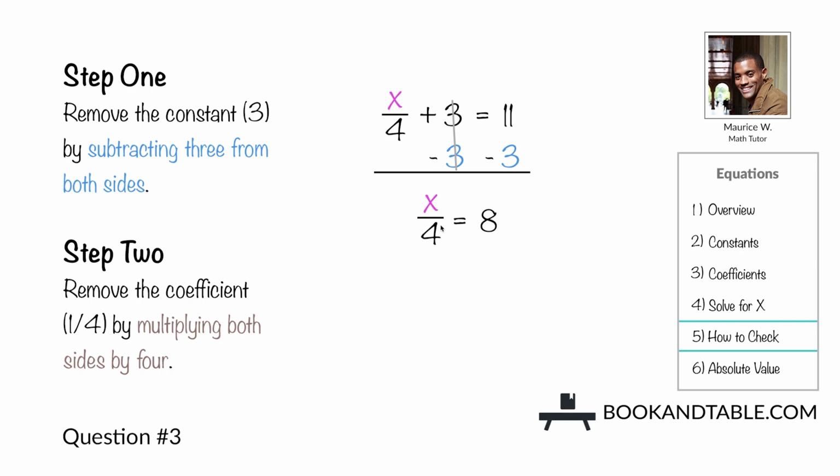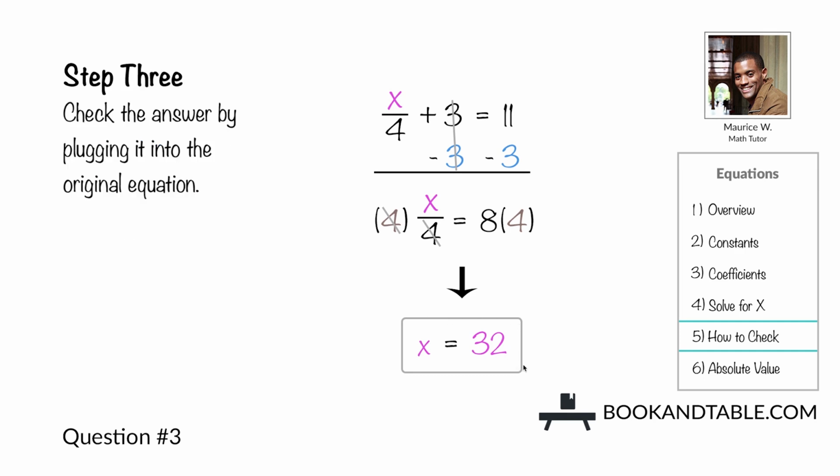And now step 2, remove the coefficient 1 over 4 by multiplying both sides by 4. If you switch these to get the reciprocal, it would be 4 over 1, which is the same as 4. 4 divided by 4 is 1. 1 times x is x on the left side. 8 times 4 is equal to 32. So we see the answer to question number 3 is x is equal to 32.